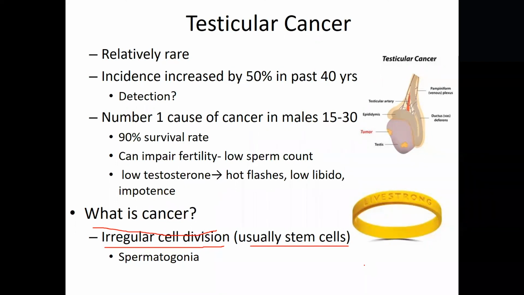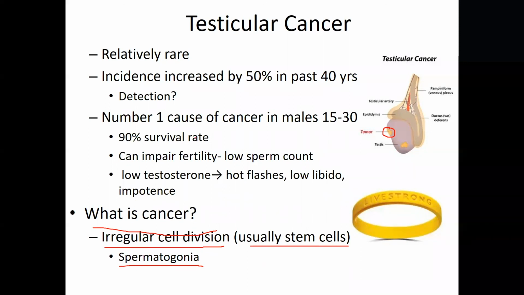It starts spitting out lots of cells left and right. It starts making mistakes. Whenever we go off of our normal routine and we're overproducing cells, we have irregular cell division, an over cell division. There are too many cells. We start to get tumors, lumps and bumps where we're making extra cells. And because it is the stem cells, we're attributing a defect in the spermatogonia as the reason for testicular cancer.